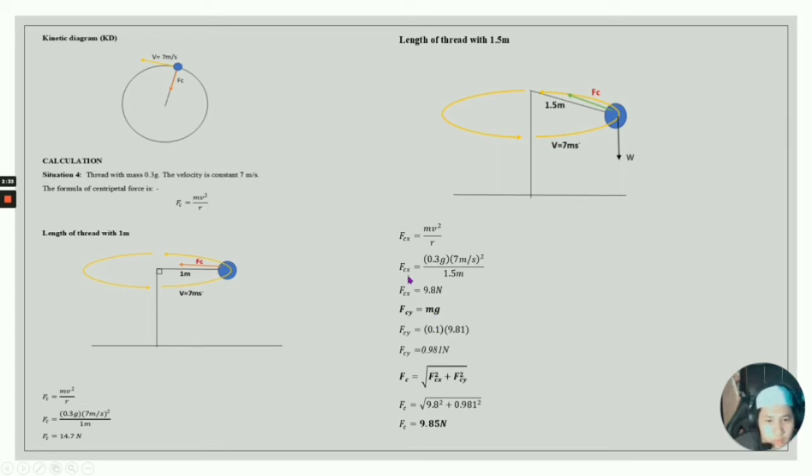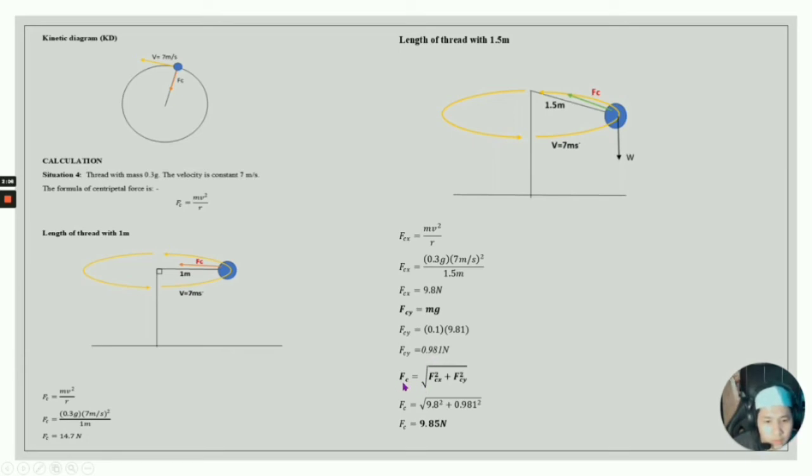This is for FCX, so we need to find FCY, which is mg: 0.1 multiplied by g, gravity 9.81, so we get 0.981.